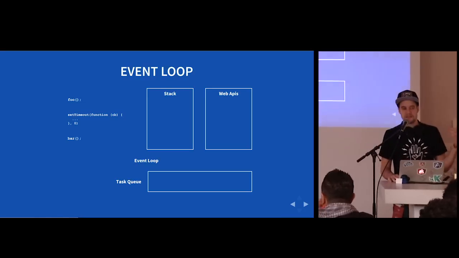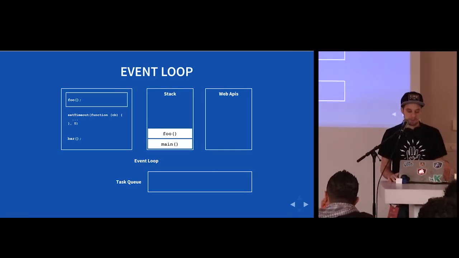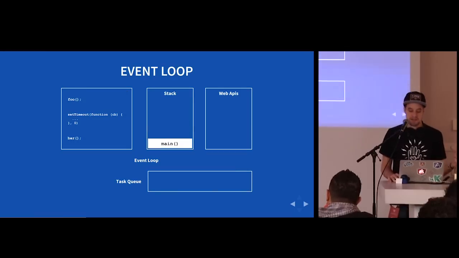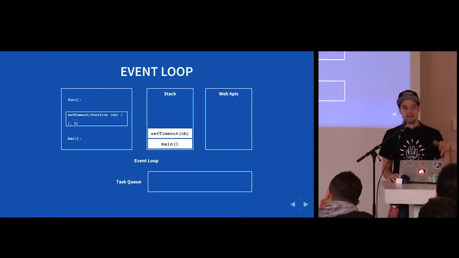So now, and then there's this task queue and this event loop. And I'm going to touch on that in a second. But for now, let's just start understanding what's going on here. So again, we execute that program, which is the main function, right? Then we execute foo. Foo is done. And then we execute setTimeout. Now, setTimeout comes with a callback that is being executed once the setTimeout is done, right?